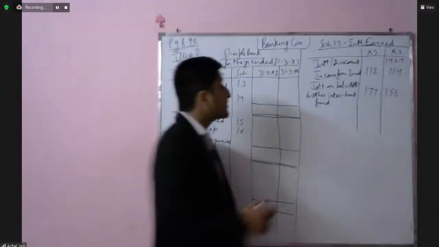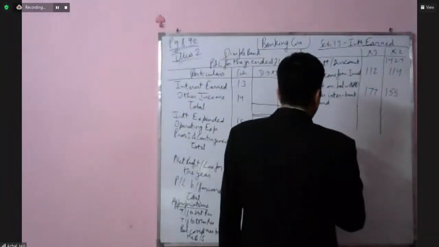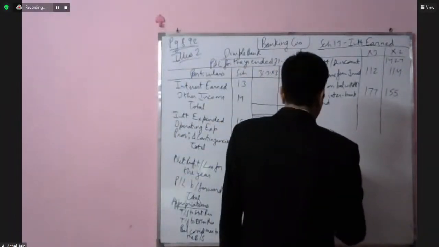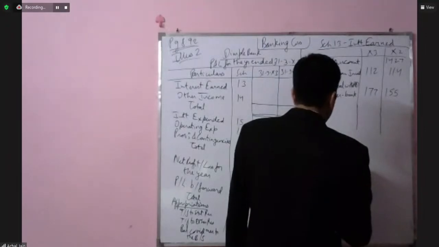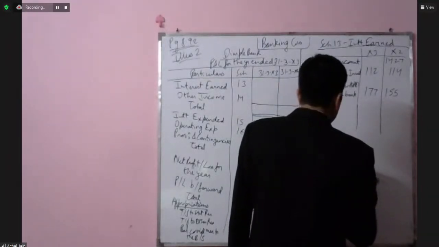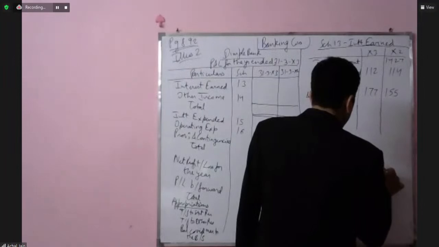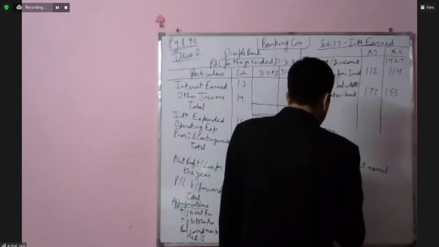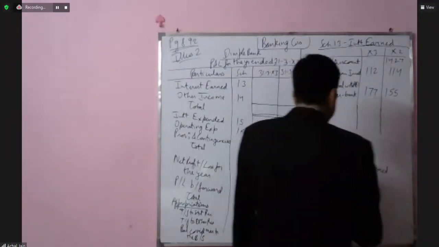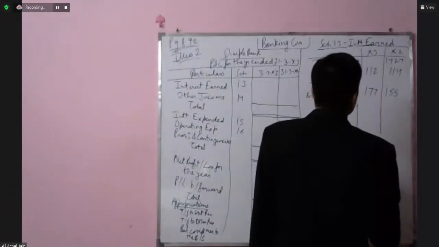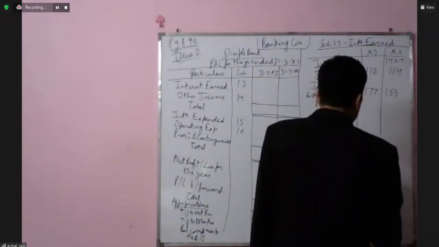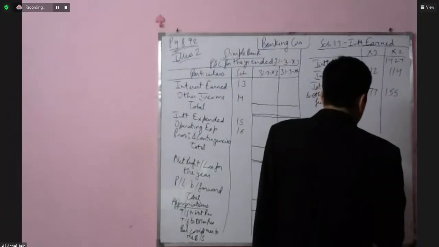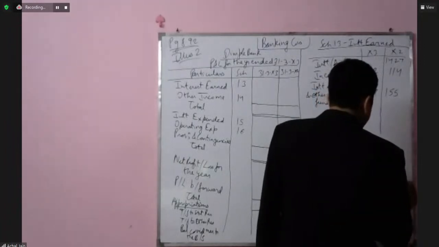So what we can do is give a working note number 1 for interest or discount earned during the financial year 20X2-X3.